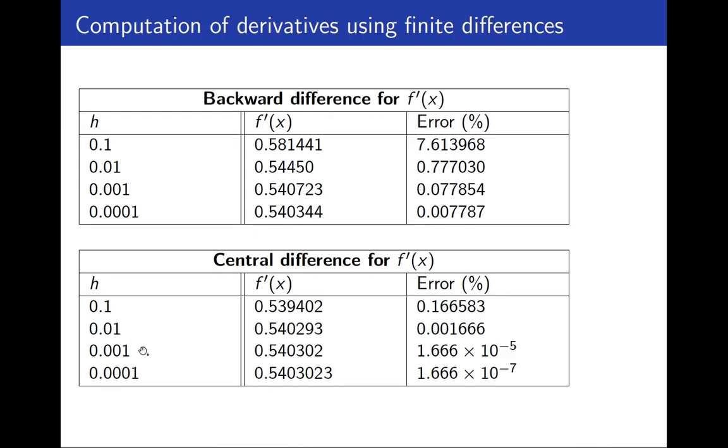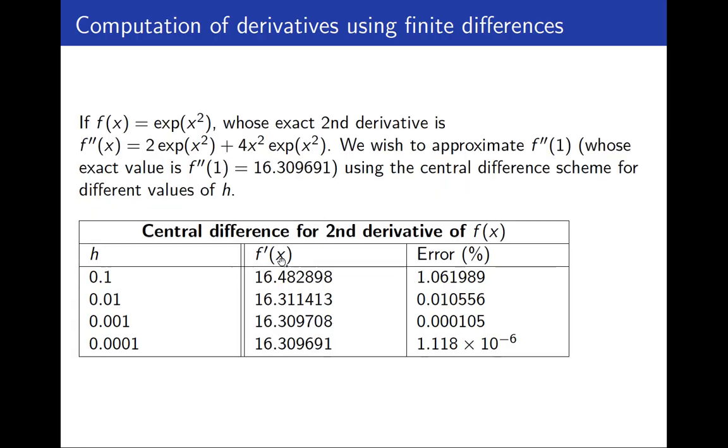And I'm getting even more accurate values as I decrease h, as you can see in the errors. So that's why the central difference is of order h to the 2. This scheme is good, it's accurate, and this is the most used scheme to evaluate first order derivatives.